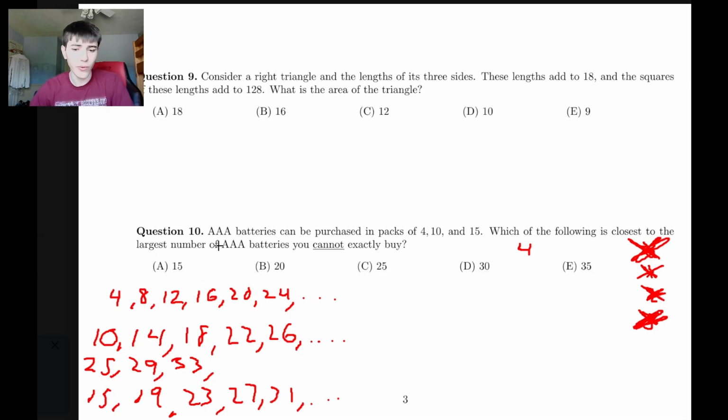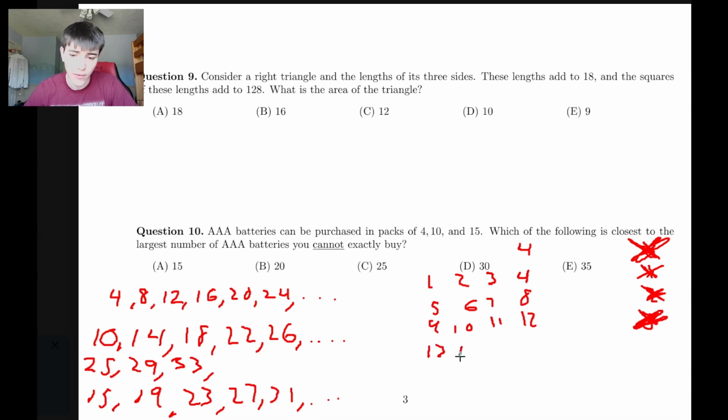So what's the largest number that we didn't write down? We can organize it like this. So 1, 2, 3, 4, 5, 6, 7, 8, 9, 10, 11, 12, 13, 14, 15, 16, 17, 18, 19, 20, 21, 22, 23, 24.